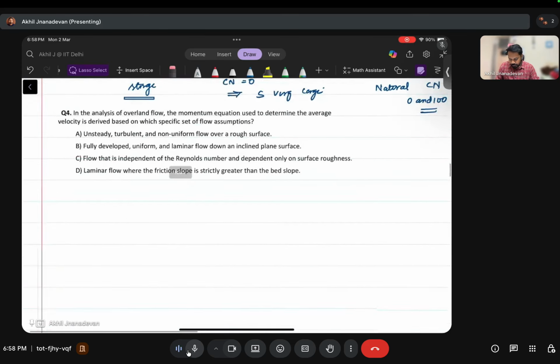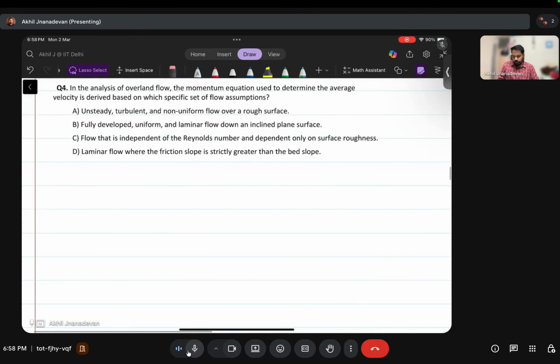So that is, in the analysis of overland flow, the momentum equation used to determine the average velocity is derived based on which specific set of flow assumptions. This is a question related to the derivation of the overland flow. We saw how we derive these hydrological processes in the previous two lectures.